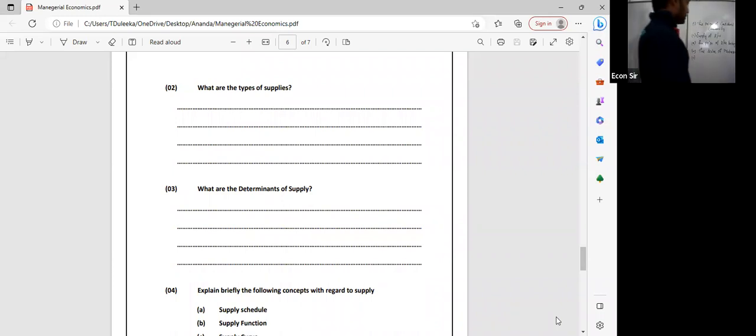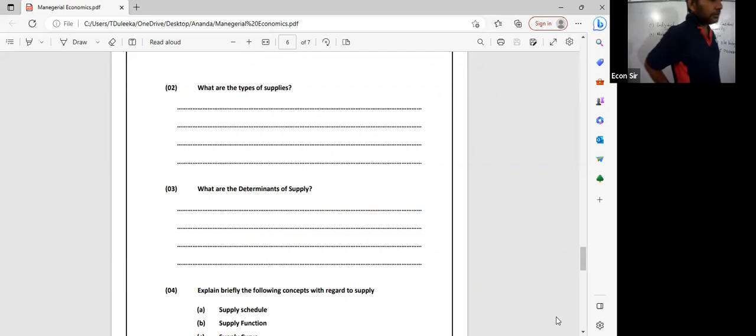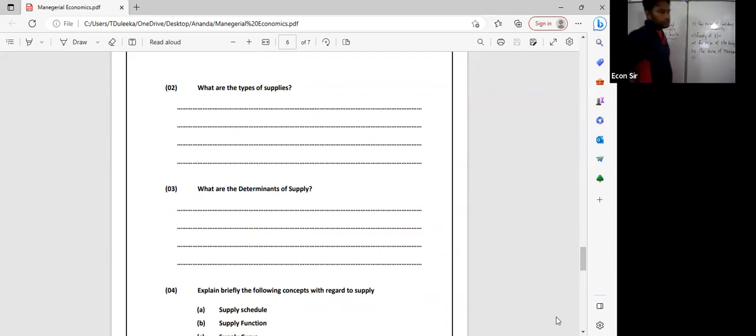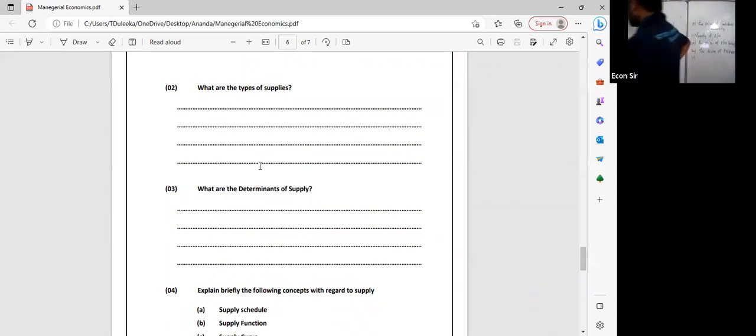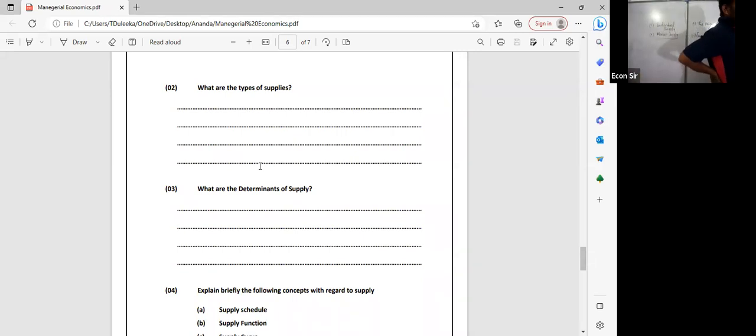Amount of subsidies. ඒ කියන්නේ සහනාධාර පුතේ. Amount of subsidies being granted by the government.